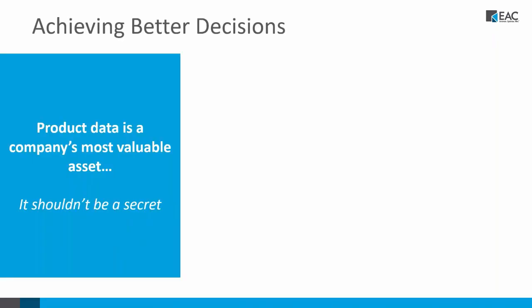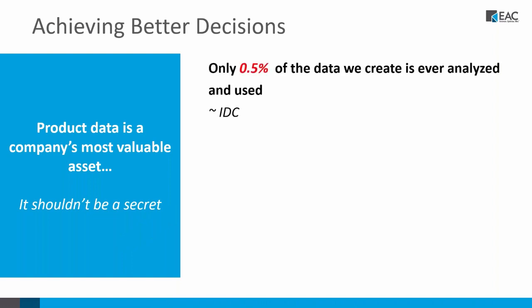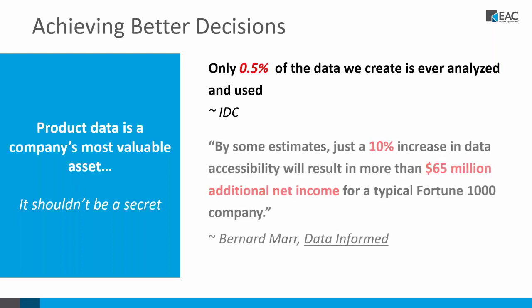So first of all, the theme of today's presentation is really that the product data is a company's most valuable asset, so it really shouldn't be kept a secret. Some research shows that only 0.5% of the data that is created is ever analyzed and used in most companies. So that needs to change.